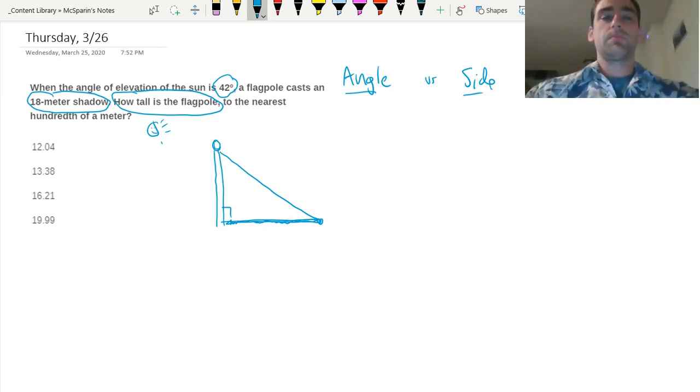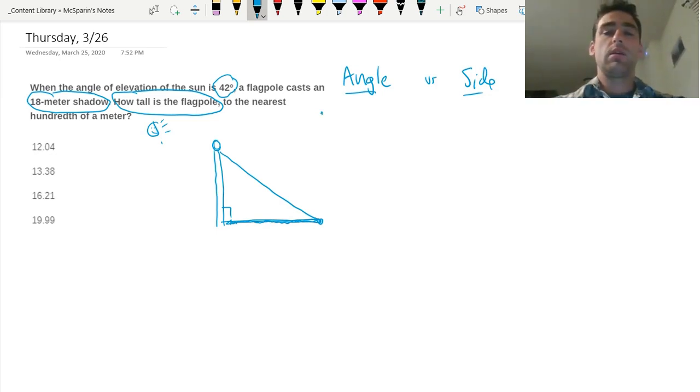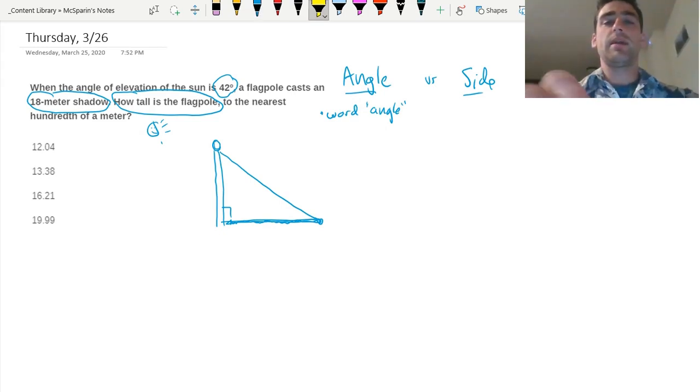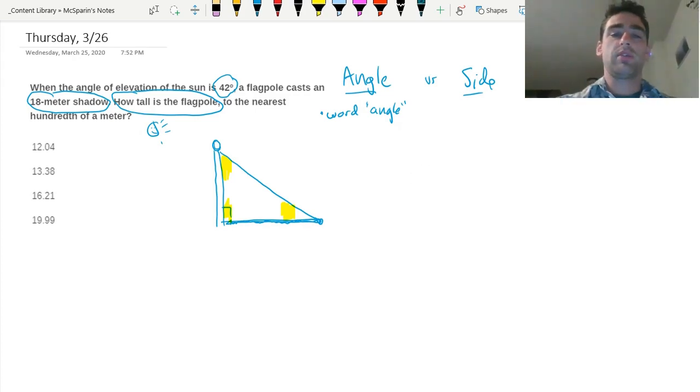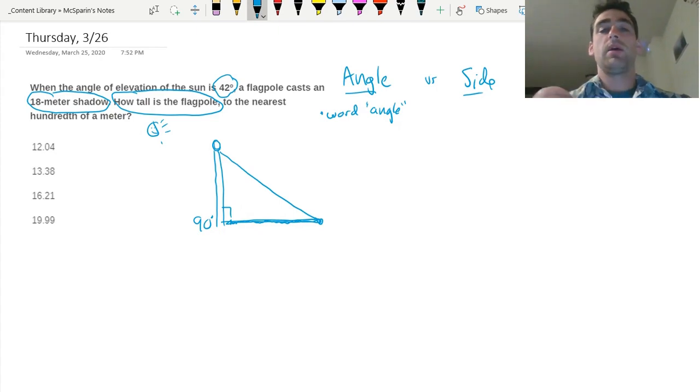Now, if you see the word angle, that means it's going to be one of these three spots on the diagram. And we already know this angle down here is 90 degrees. So when it's talking about angle in the problem, we know it's not going to be that one. So really, it's going to be either that one or that one.